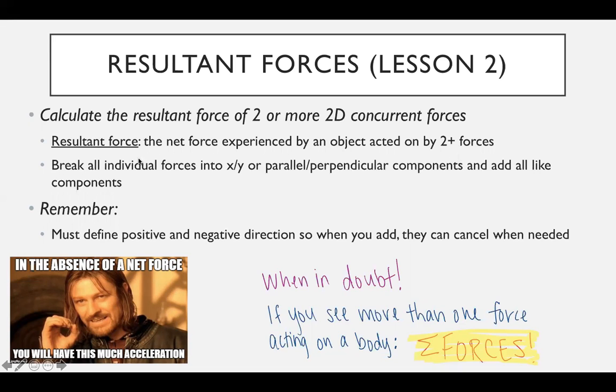So if you break every single force into its x and y components or its parallel and perpendicular components, you can add all of the x's together and all of the y's together to get what the resultant force is going to be. You have to remember when you do this, you have to define either upwards as positive or downwards as positive, and then right or left. It doesn't matter what you choose, but you have to be consistent all the way through.